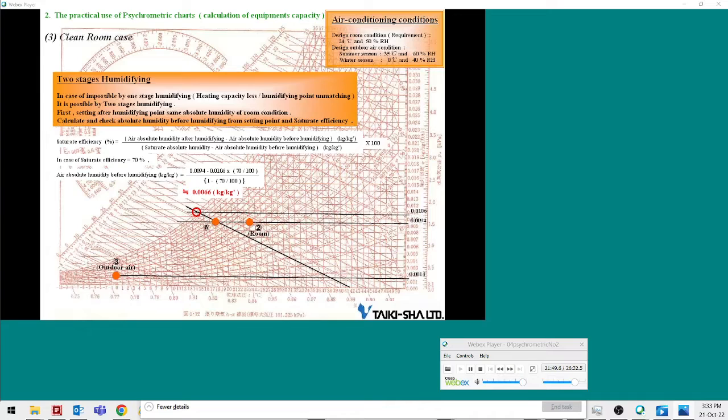Calculate the absolute humidity before humidification. The result of the calculation is approximately 0.0066 kilograms per kilogram. The point showing the air before humidification is 0.5.